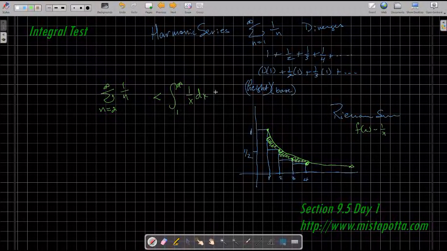And if I was to add 1 to this side over here and add 1 to this side over here, this side actually becomes n equals 1 to infinity, where this really becomes the integral of 1 over x dx plus 1 from 1 to infinity.